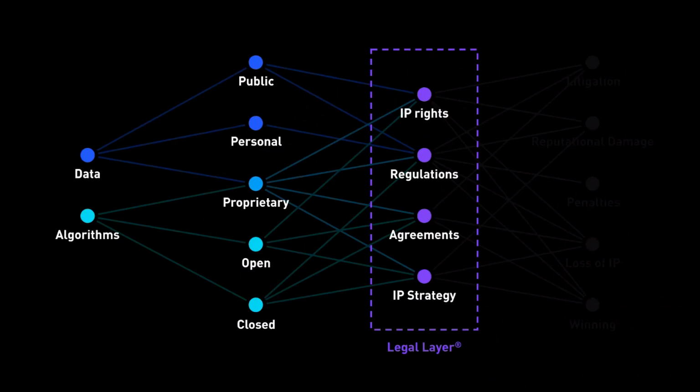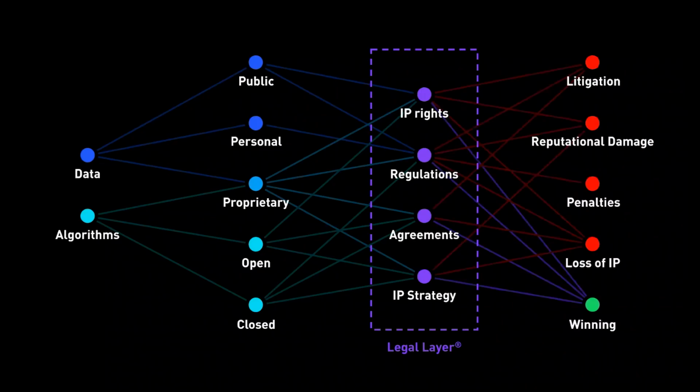And finally, we have the outputs of the neural network, and these represent possible outcomes for businesses. So the red ones represent generally unfavorable outcomes, things like litigation, reputational damage, regulatory penalties, loss of IP, and all of the positive outcomes I've put in one node, winning, whatever that looks like for a business.